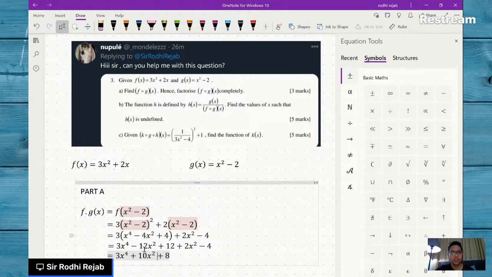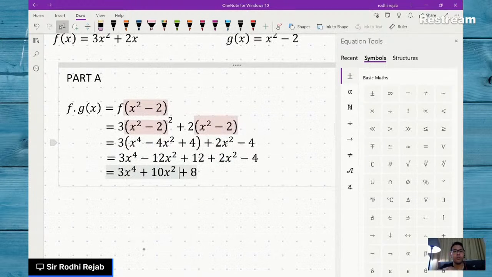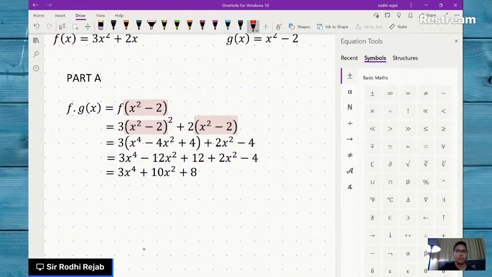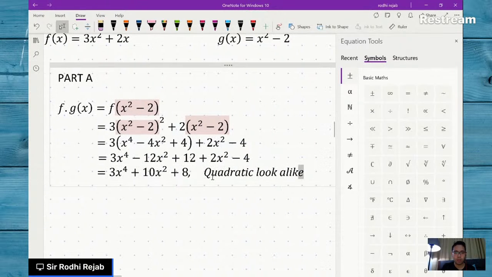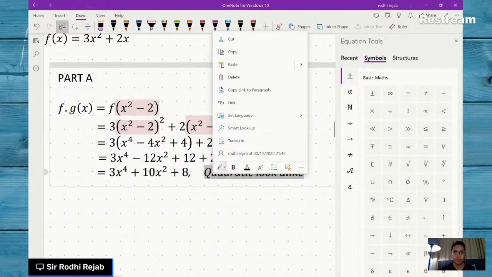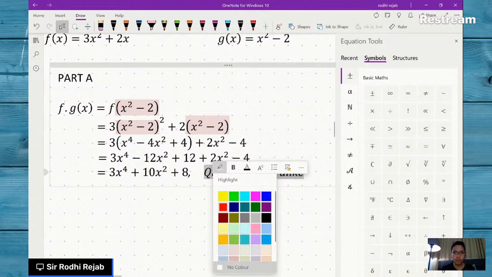Okay, if you see here, this is a quadratic. If it looks like a quadratic, you can do a trick on it.